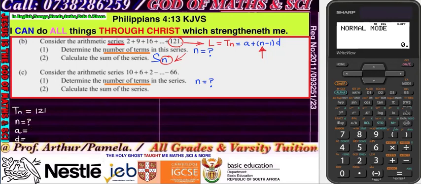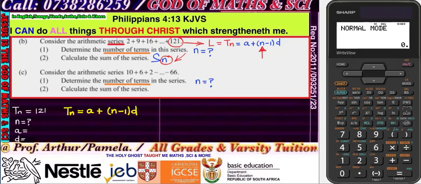The formula is given by T subscript n equals A plus, open the parenthesis, n minus 1, and then multiply that by D. So that's how it's going to look.